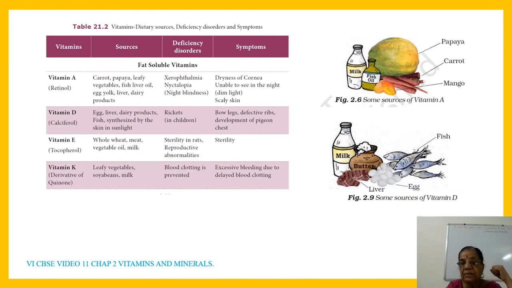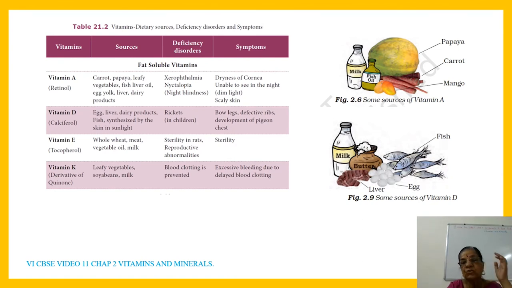And what are the symptoms for that? It is dryness of cornea. Xerophthalmia means dryness of cornea. And the person is unable to see in the dim light. That is night blindness. I hope you understand. Whereas vitamin D is calciferol.